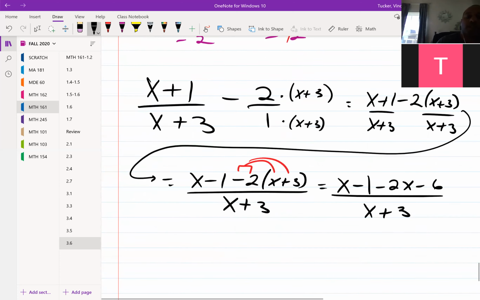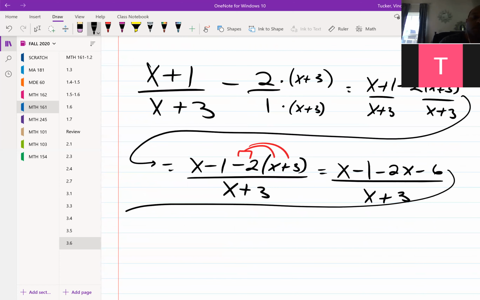All right, combine your like terms. That'll be a negative x, yeah, there should be a plus 1, that's x plus 1. So it was x plus 1, I left it off. And that's minus 5 over x plus 3.